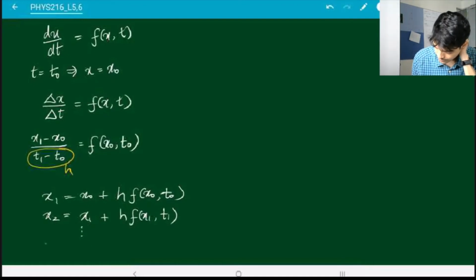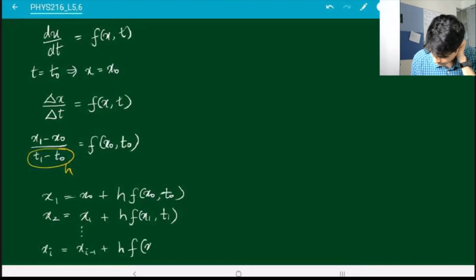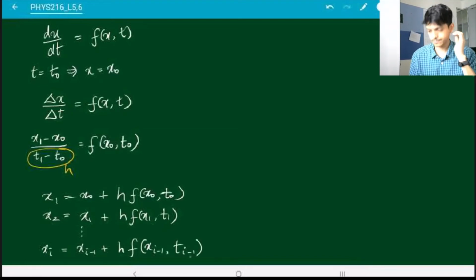In general, I will get xi is x(i minus 1) plus h times f of x(i minus 1), t(i minus 1). So given t0, x0, I can calculate t1, x1. From there I can calculate t2, x2, then t3, x3, and so on. So this is your Euler's method.